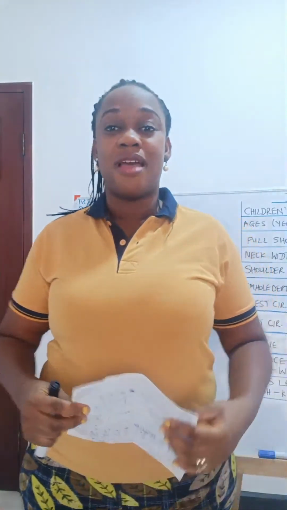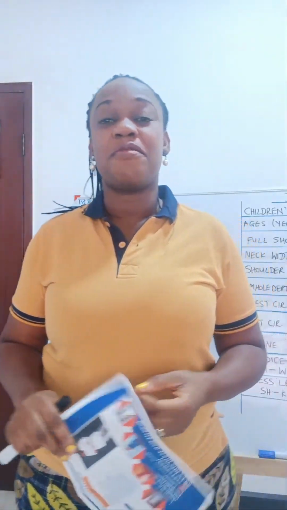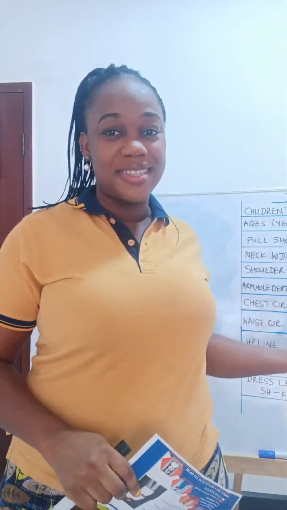If you bring a group of children under 5 years, you will see that their measurements have a slight difference because of their growth and body structure. However, this is just a guide.